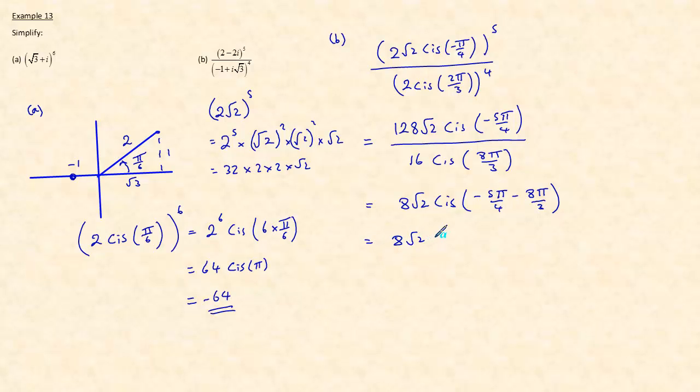So 8 root 2 cis, now this needs to be over 12. So that's negative 15 pi, and then this one would need to be multiplied by 4. Take away 32 pi by 12. So that's 8 root 2 cis negative 47 pi by 12.